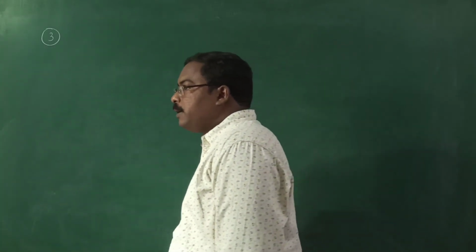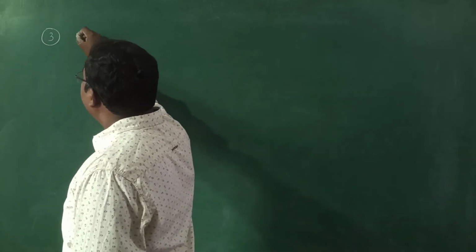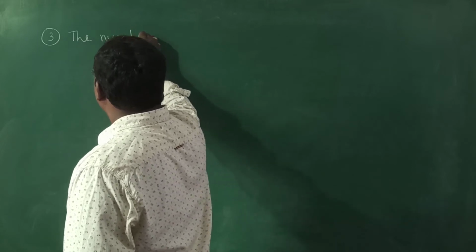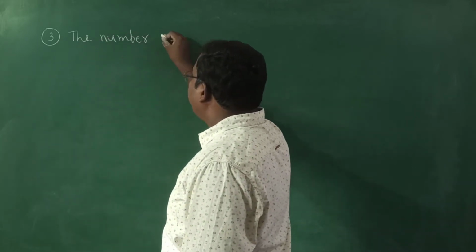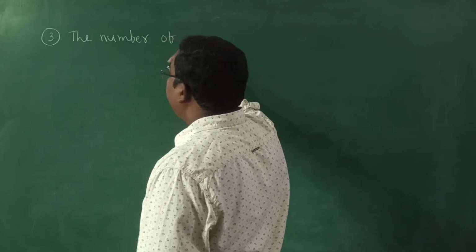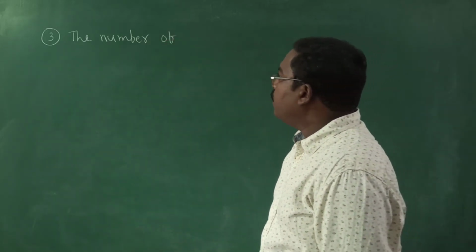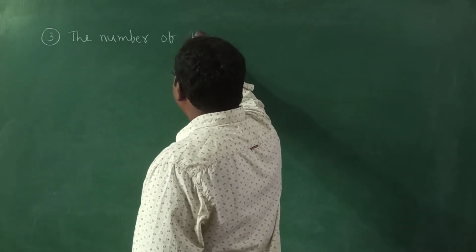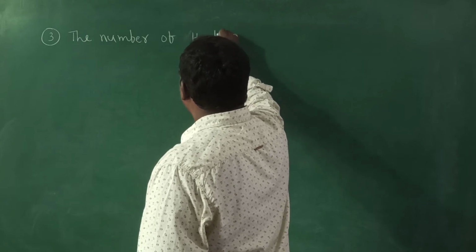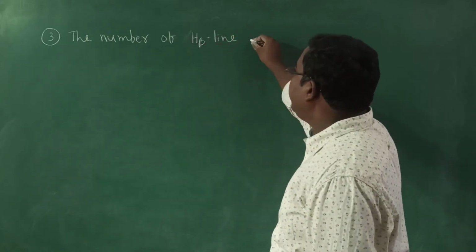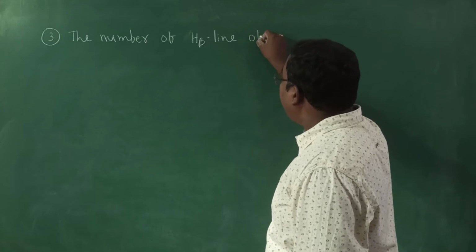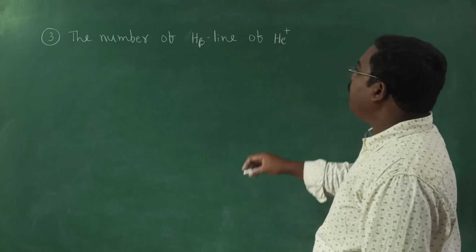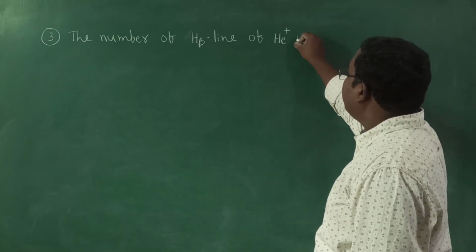The last question is: the wave number, that means nu bar, of the H beta line of the helium ion.